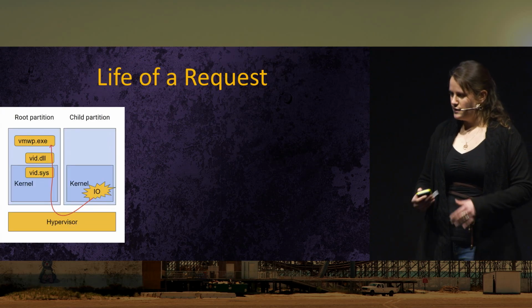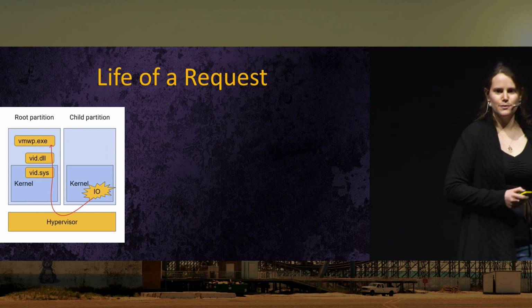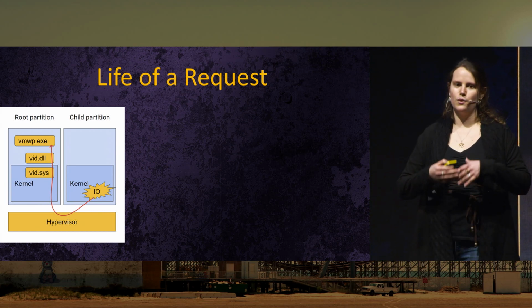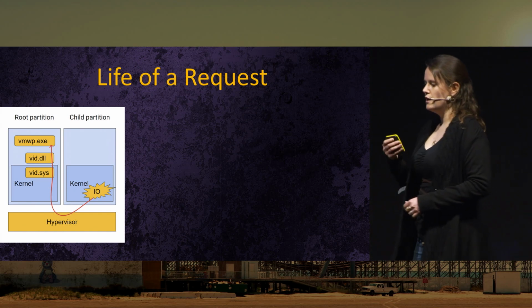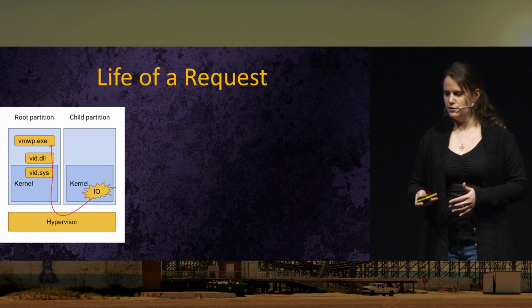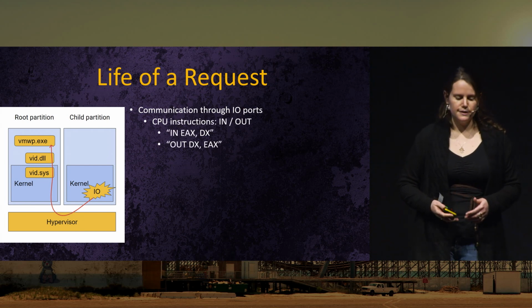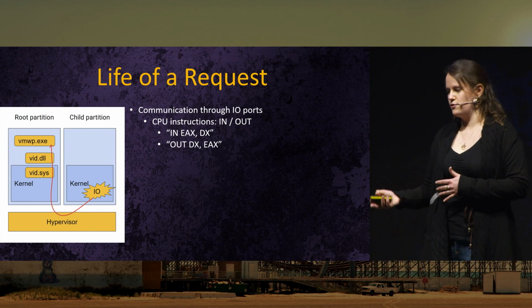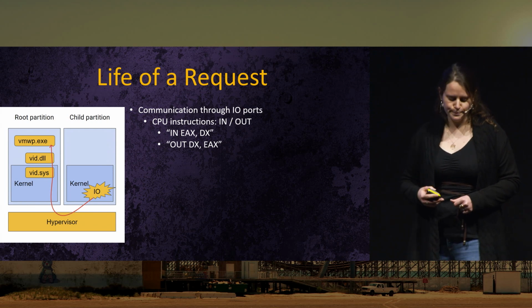If we look at what the requests look like, coming back to my request to my disk, the VM issues a request to a disk as if it was a real disk talking to a real controller, which manifests in I/O ports, I/O commands. These are CPU instructions sent from the kernel of the guest, for example, out DX, EAX, where DX is the port and EAX is the value.